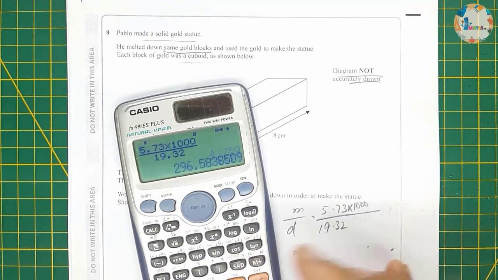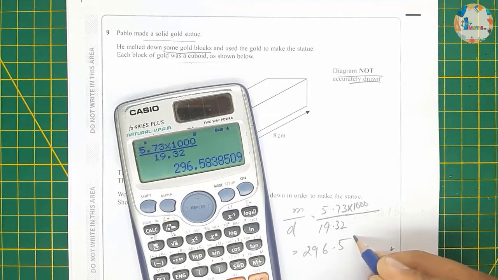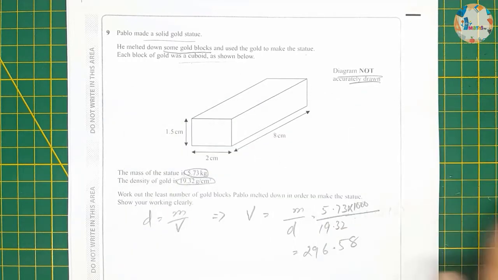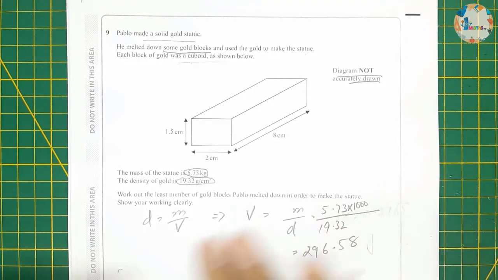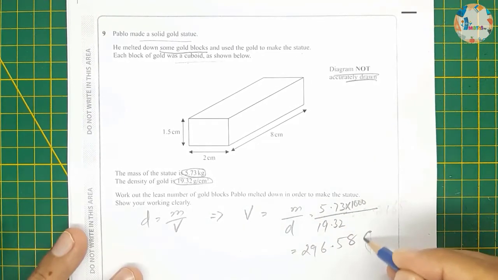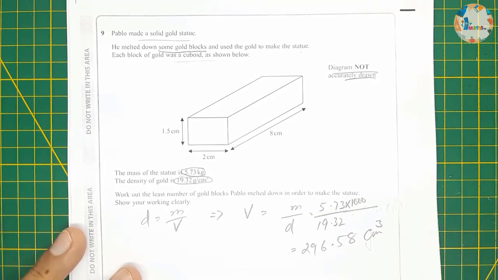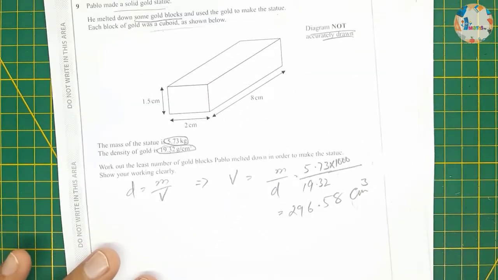Our calculation now will be 296.58. So this much will be the volume, and the volume is in centimeter cube.